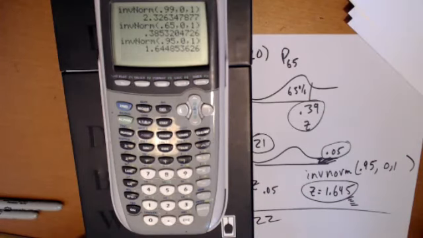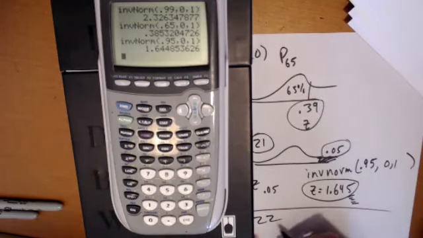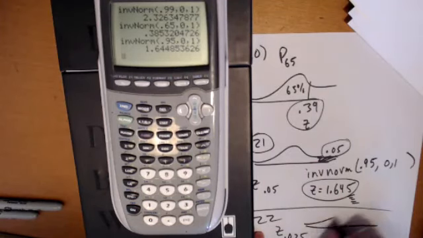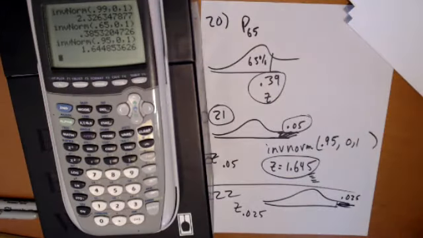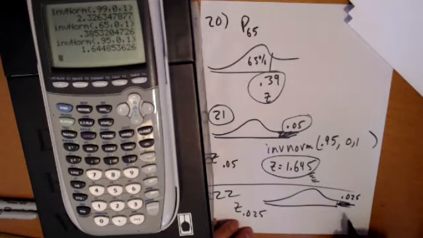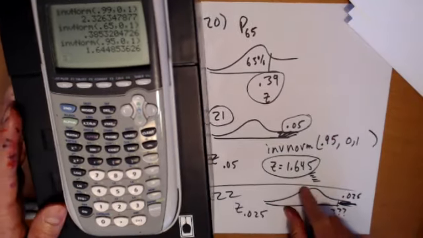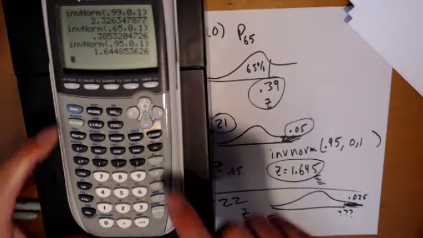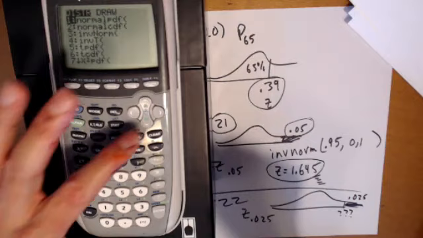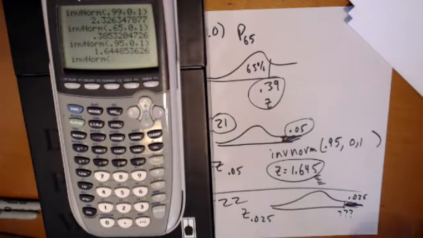22. Z of 0.025. So we're going to put 0.025 on the right side because it's z. We're looking for the z value that corresponds to that. Oh, so it's just like what we did before. So what should I put there? Distribution, inverse norm, area, don't put 0.025, put 1 minus that.